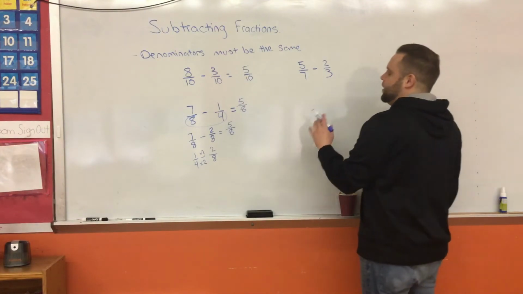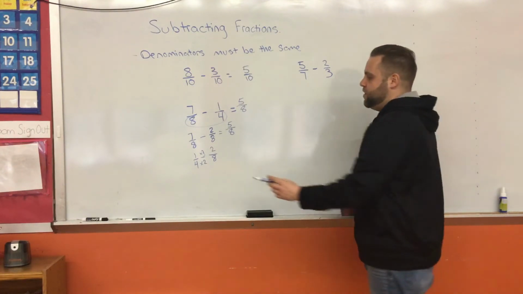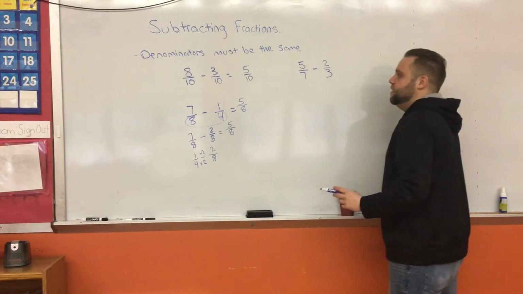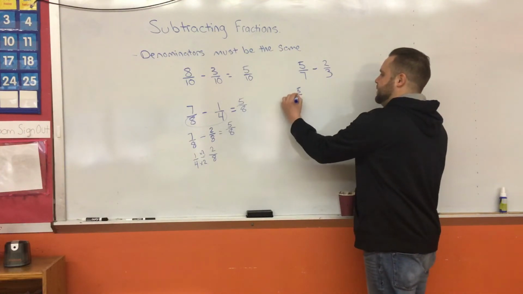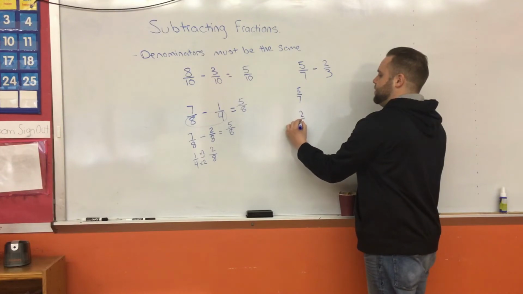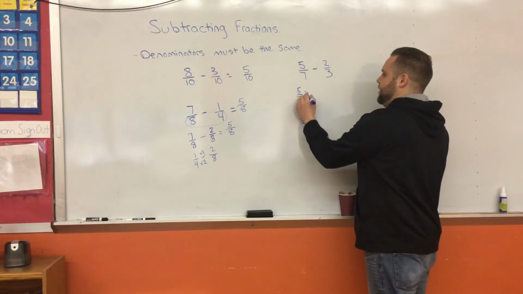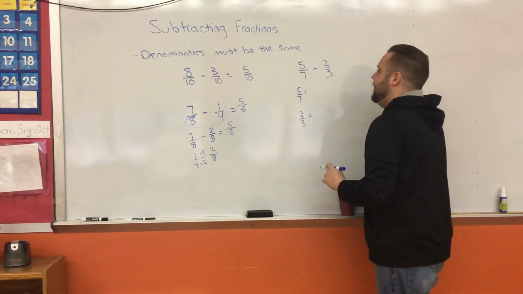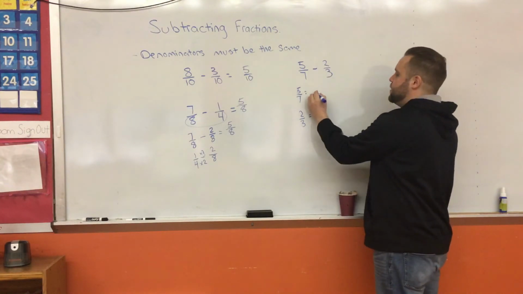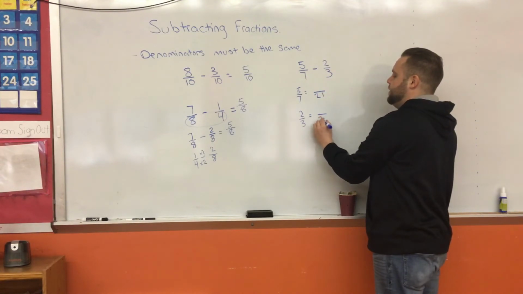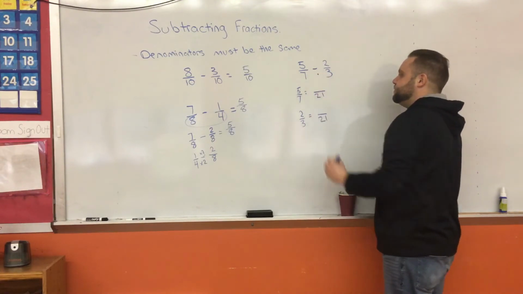So what you can do is find an equivalent fraction for both of these, similar to how we did here, and you're going to change both denominators. Your new unit is going to come from multiplying these two numbers. So our new unit is going to be what? 21sts, because 7 times 3 is 21.